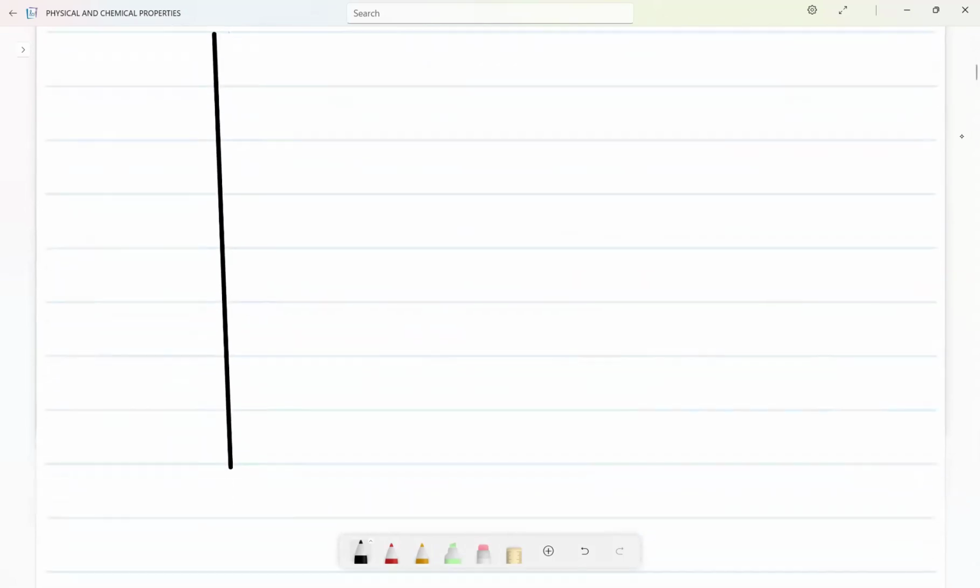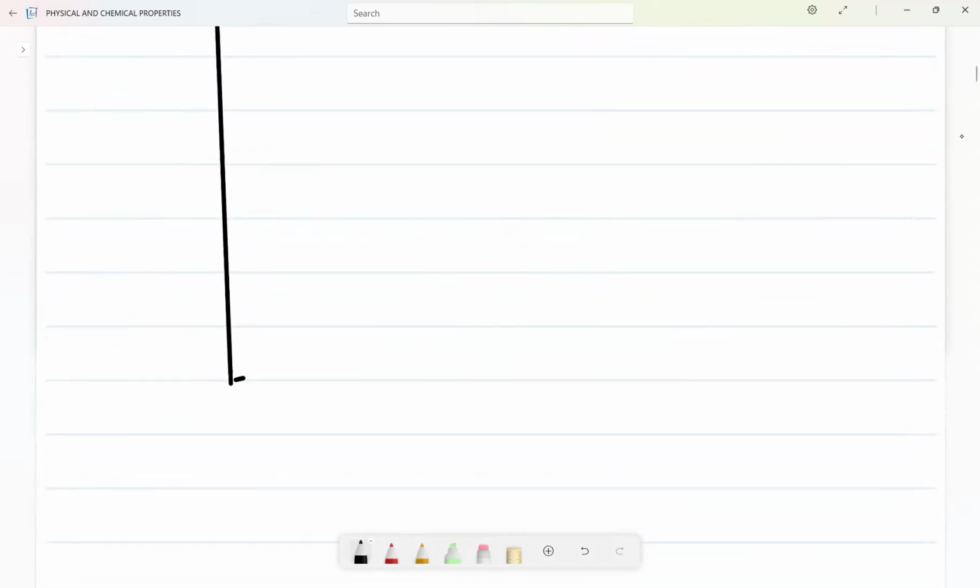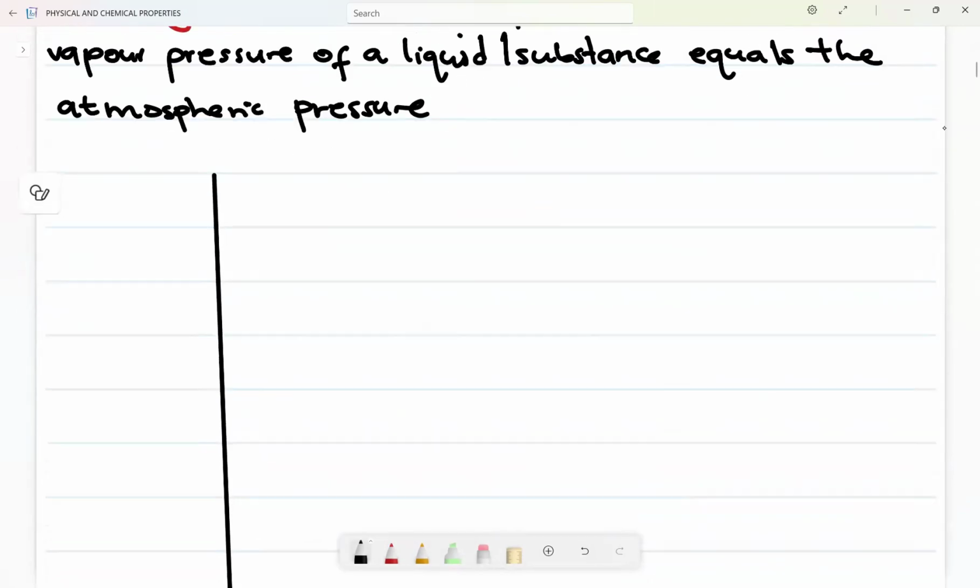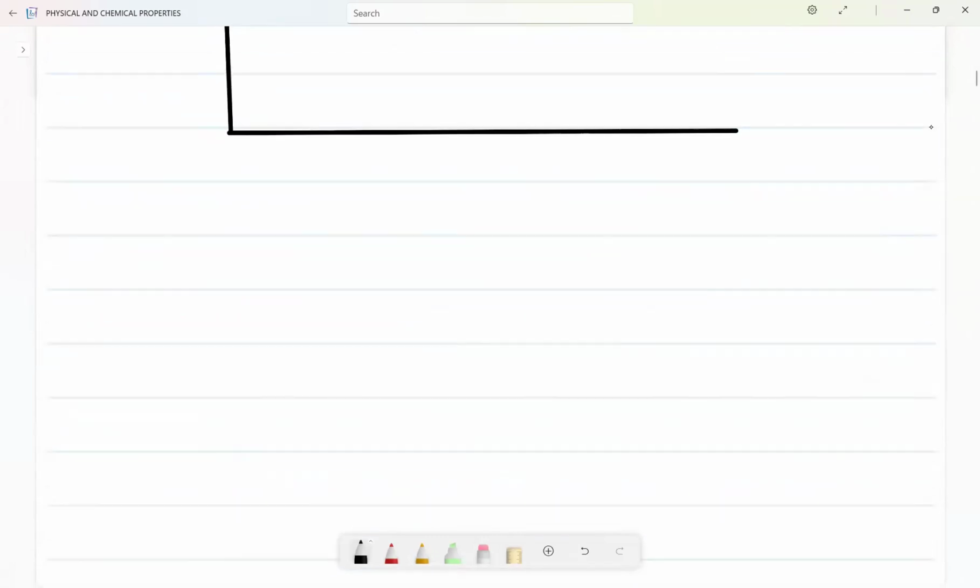I want us to know exactly how to interpret these graphs. I also need to define vapor pressure.